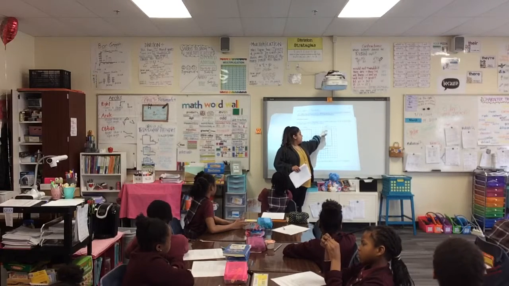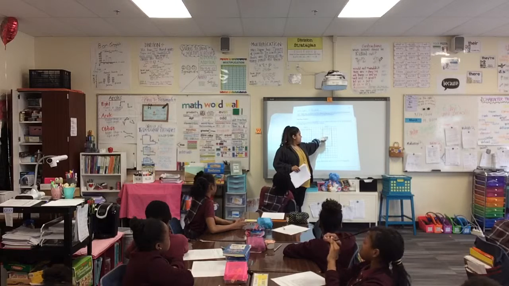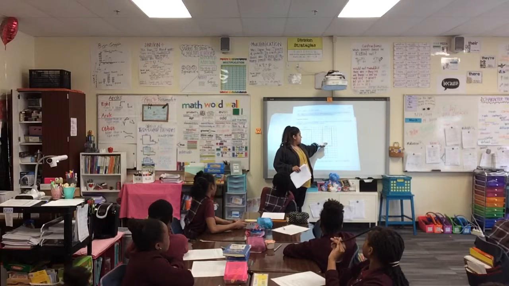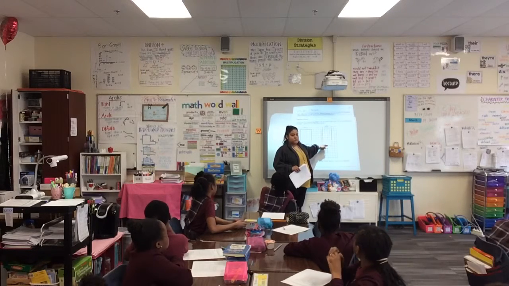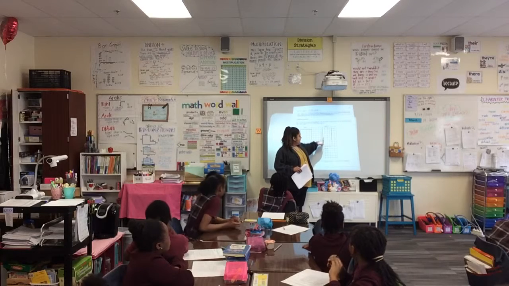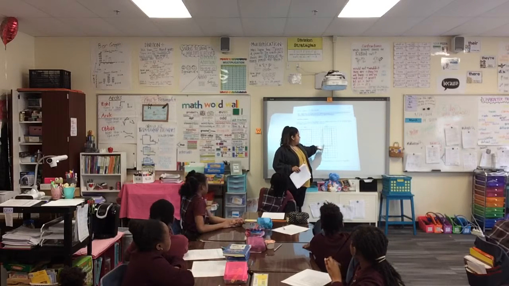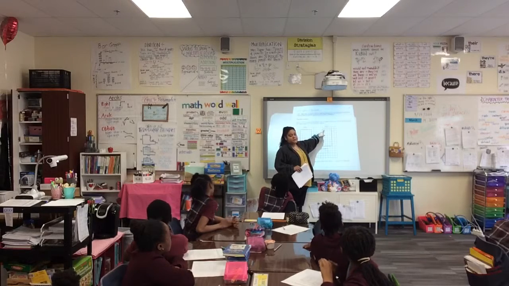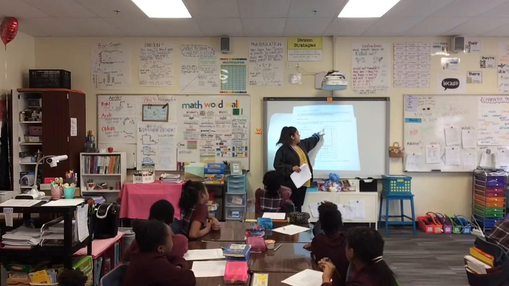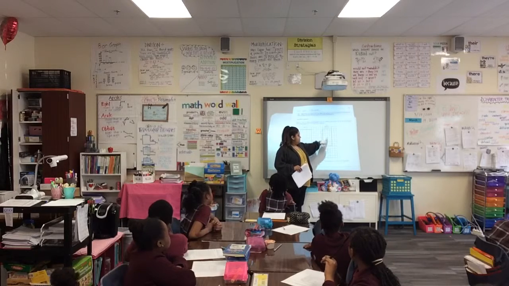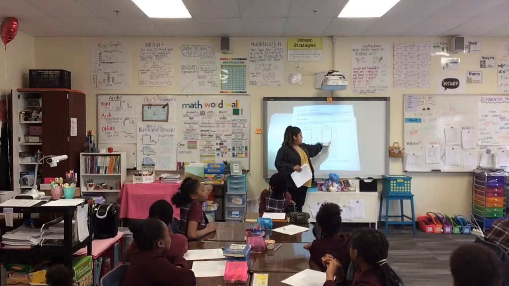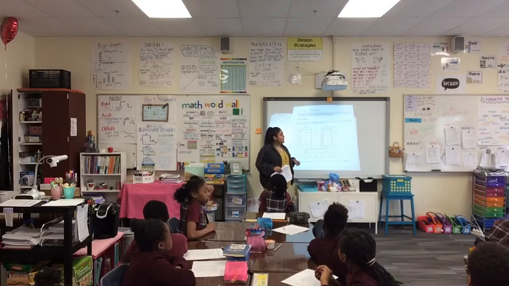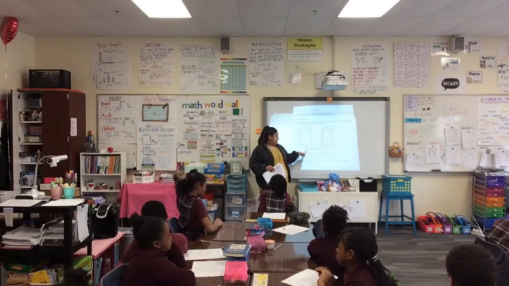Let's see. 4, 8, 12, 16, 20, 24, 28, 32. What if they wanted to skip count this way? 1, 2, 3, 4, 5, 6, 7, 8. They would have skip counted by 8, 16, 24, 32. 32.